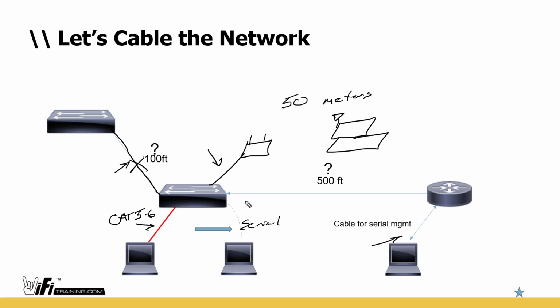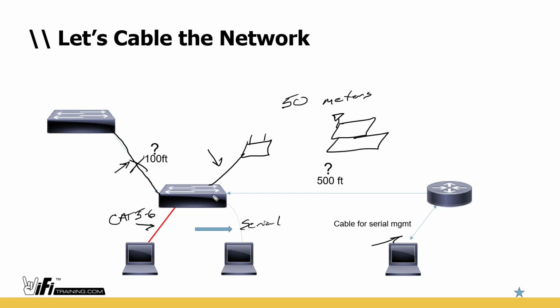Now, for the next one, to get from this switch over here to this router, we've got 500 feet that need to get between it. While this could be our Cat 5 or 6, we've got 500 feet right here. Remember that Ethernet cabling, UTP cabling, can only go up to 100 meters, 328 feet.